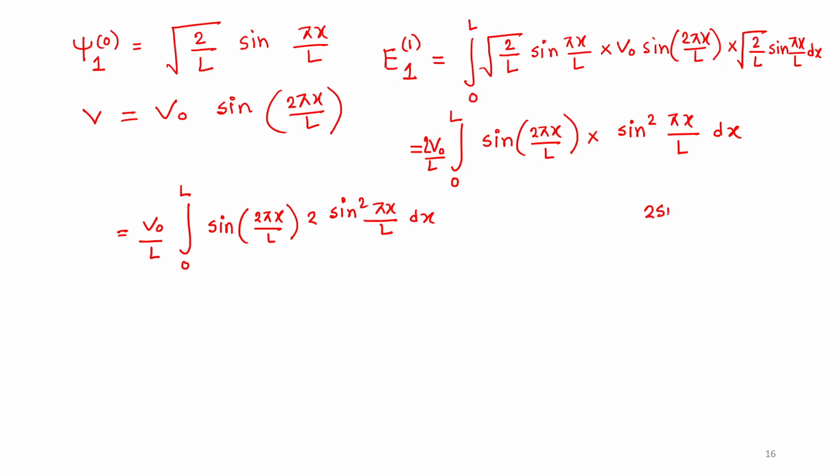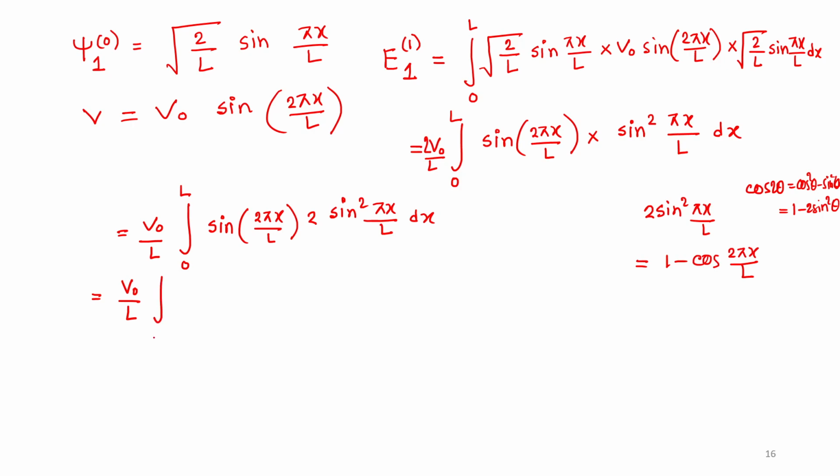So 2 sine square pi x by L can be written as 1 minus cos 2 pi x by L, right? Because cos 2 theta is cos square theta minus sine square theta, and you can write it as 1 minus 2 sine square theta, and that's how 2 sine square theta can be written as 1 minus cos 2 theta. That is the trigonometric relationship I am using.